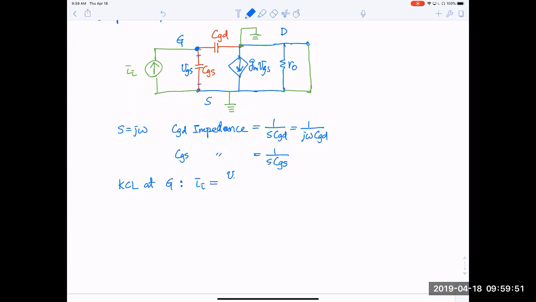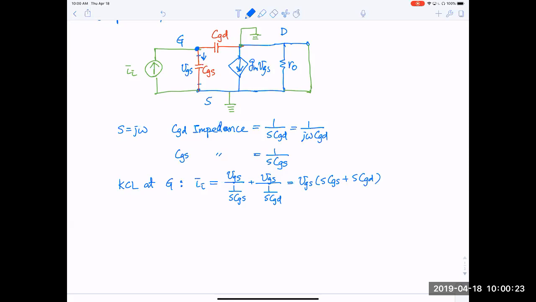It's VGS divided by the impedance of CGS, so it's 1 over sCGS, plus VGS divided by 1 over sCGD, okay? And you can actually simplify the two terms. It's VGS times sCGS plus sCGD, all right?